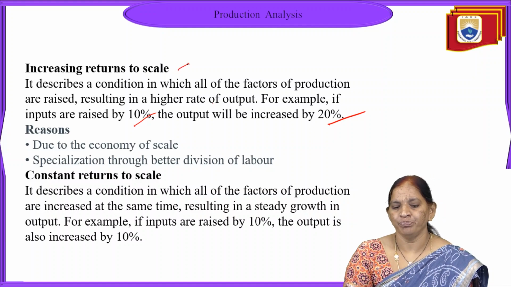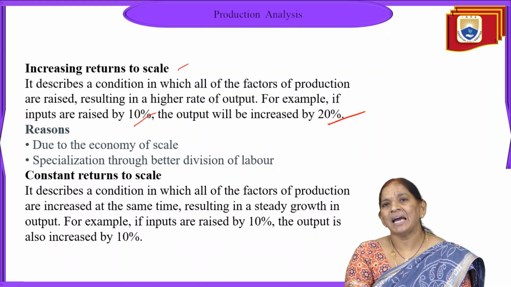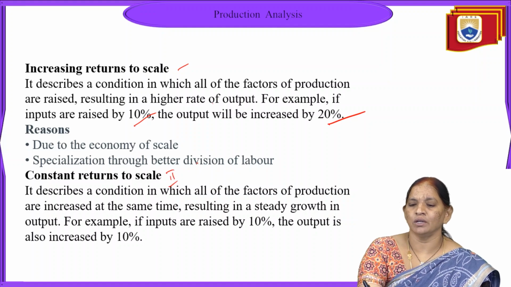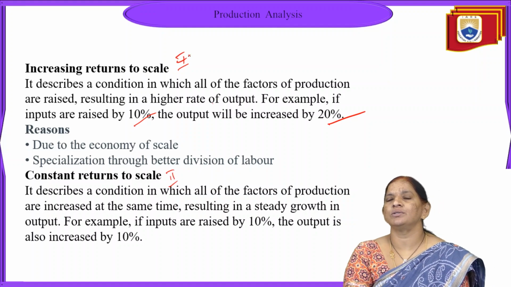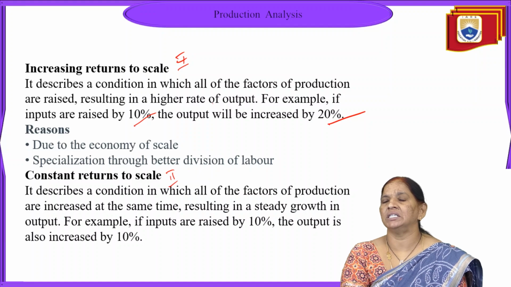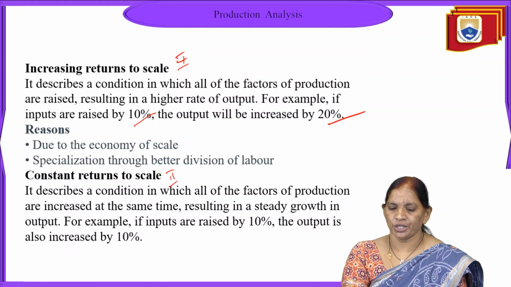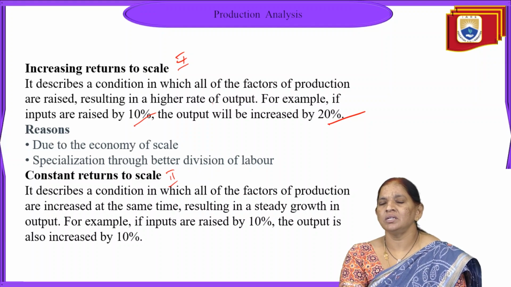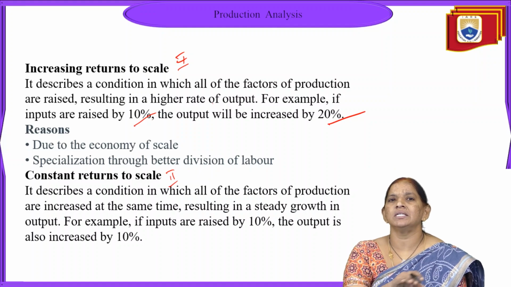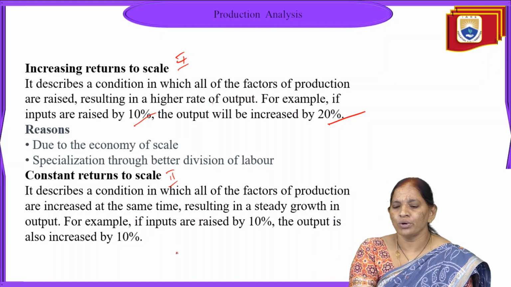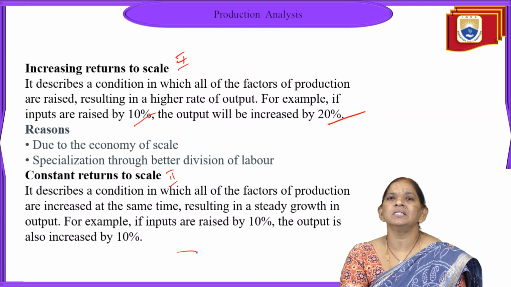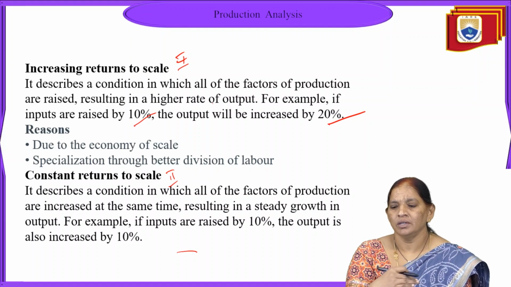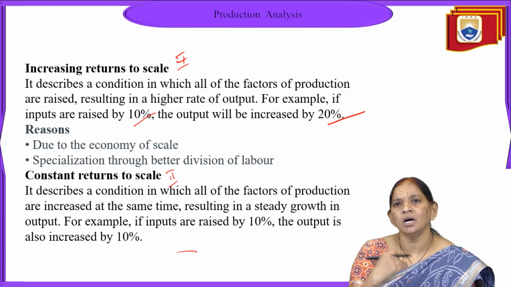Along with that, we have the second stage, which we call constant returns to scale, which occurs in long run production. Here the factors of production increase at the same, constant level, resulting in steady growth of production or output.